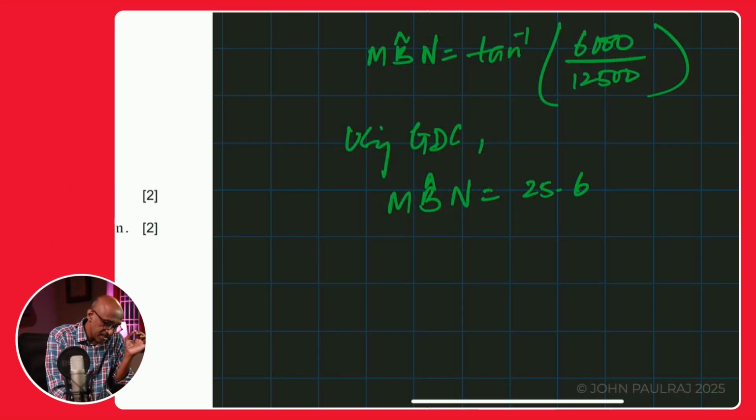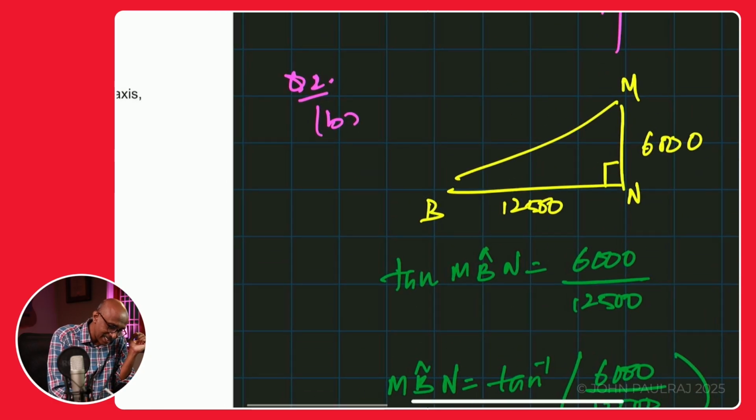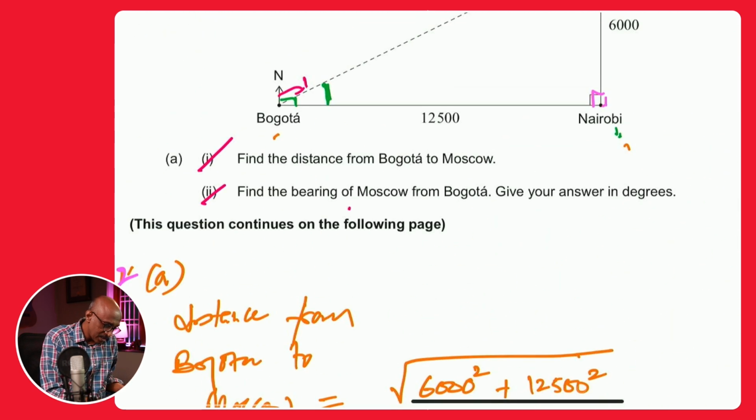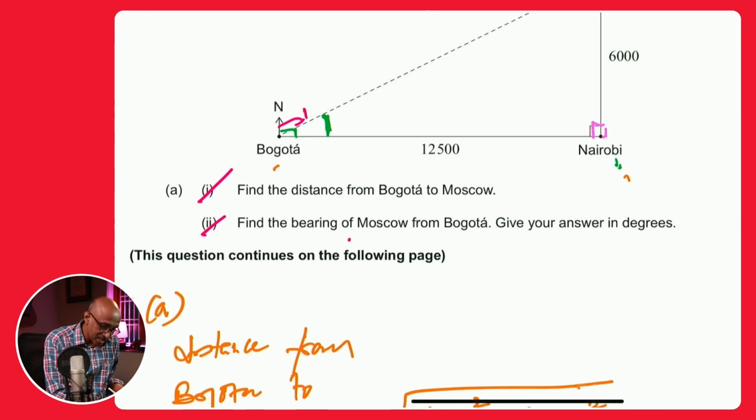Now remember, this is degrees, but it's the angle inside the triangle. This is 25.6. That angle inside the triangle needs to be subtracted from 90, as I explained, because we're looking for the bearing. The question is, find the bearing of Moscow from Bogotá.